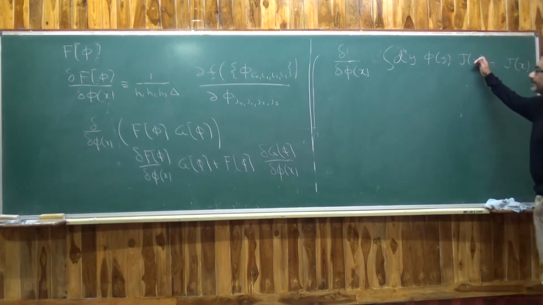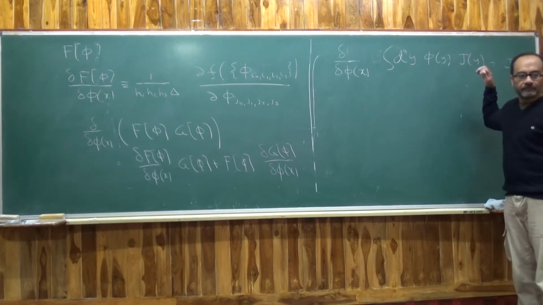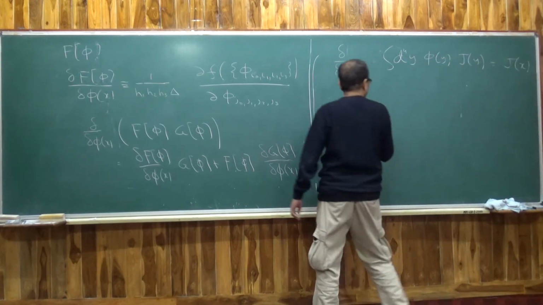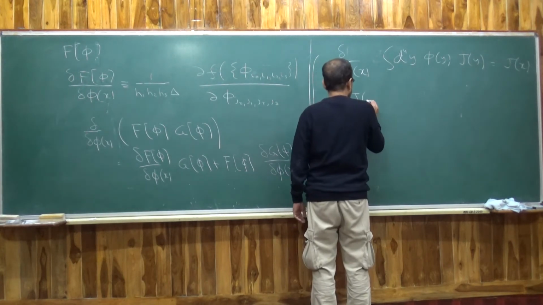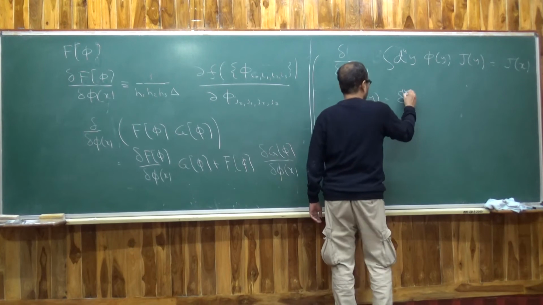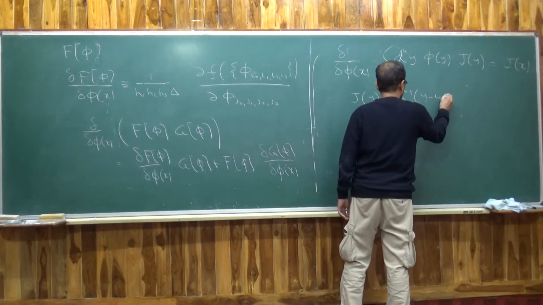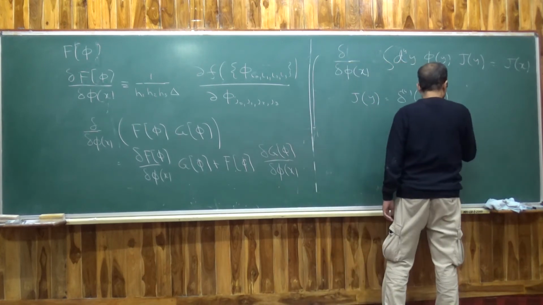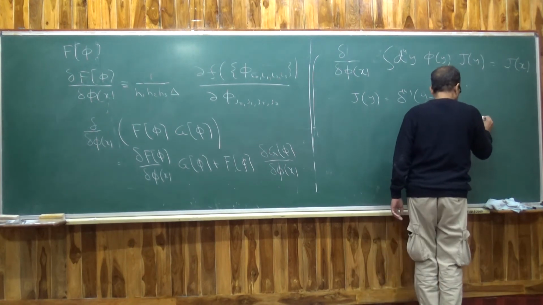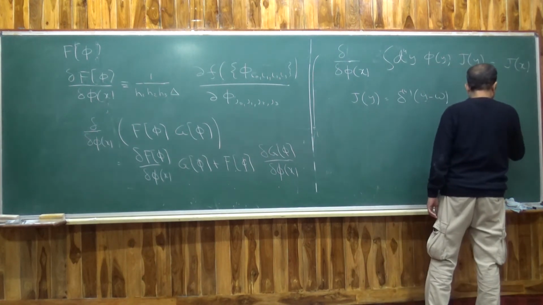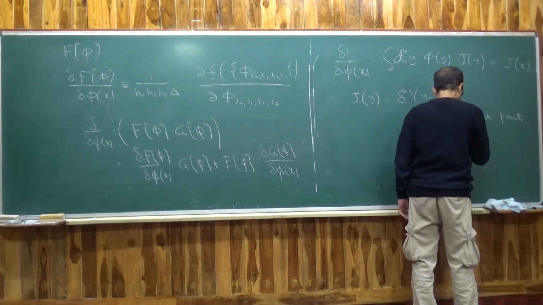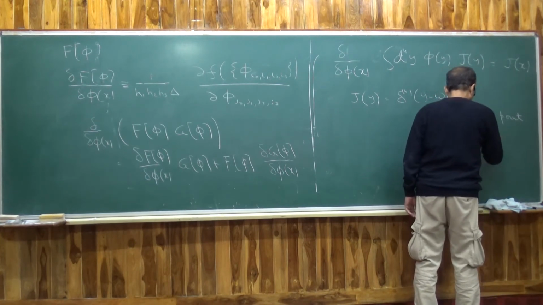J is a fixed function. So let's suppose that J of y is delta 4 of y minus w, where w is some fixed set of coordinates. Okay, so this stands for, of course, w0, w1.